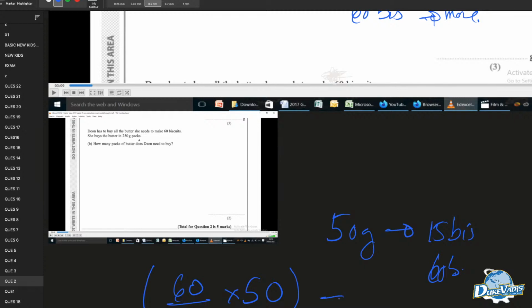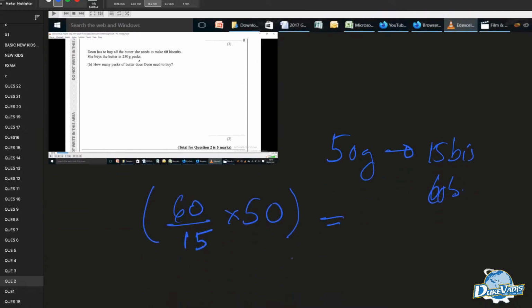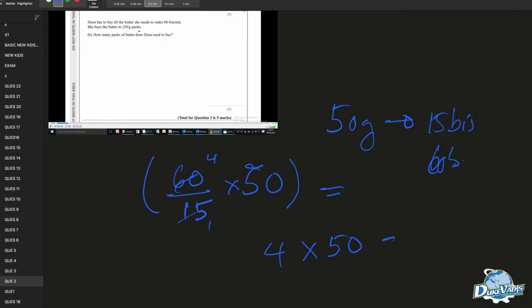Okay, and this one we will work out. This is 50. So 15 goes into 60 four times, then we have 1. So it will be 4 multiplying 50, which is 200. So she will need 200 grams. As it says, work out the amount of flour she needs.